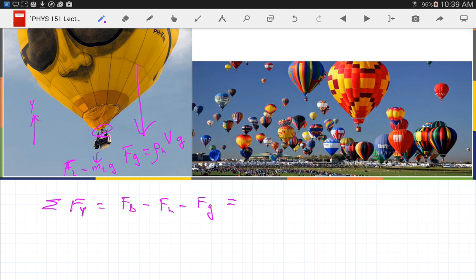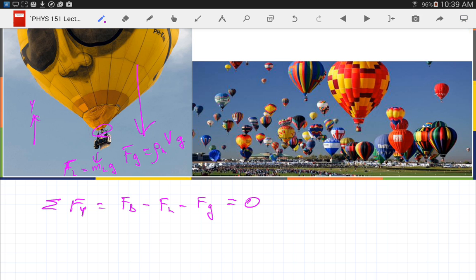If it's just hanging still in the air, what's the sum of the forces going to be? 0. What if it's moving up at a constant velocity? Still 0. If it's a constant velocity, even though it's rising, the net force is still 0.